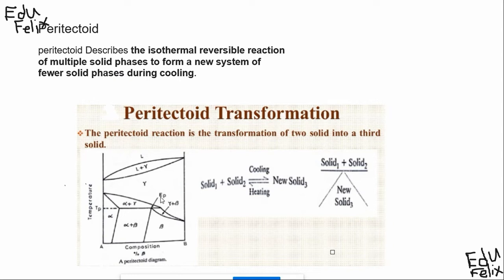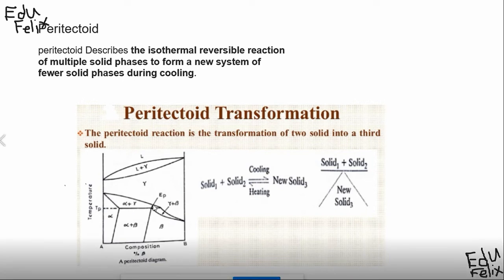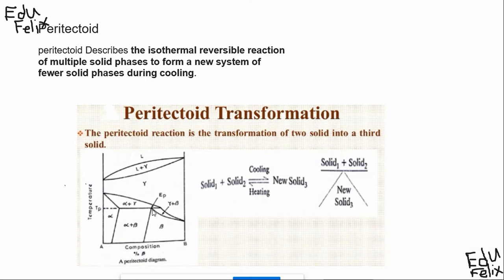So if you cool down, this is the EP, we call this the peritectoid point. You have alpha plus gamma solid, right? If you cool it down from here to here, you can see the difference, because you have alpha plus gamma here. If you just cool it, it converts to beta.